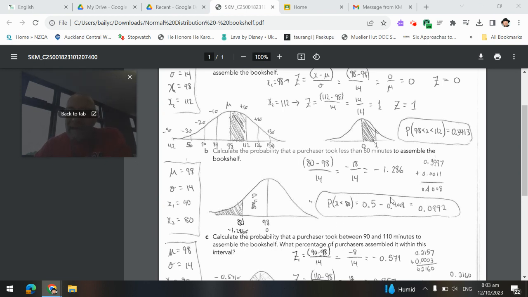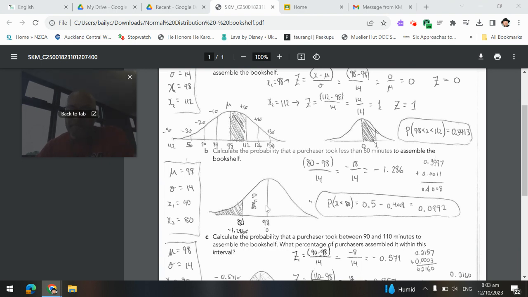So I look that value, negative 1.286, in the table, or 1.286, because as we should recall, both sides of the curve are symmetrical. So the probability of being positive 1.286 standard deviations from the mean is the same as being negative. So I look up these values in the table, I get 0.4008, and that has to go starting at the 0.